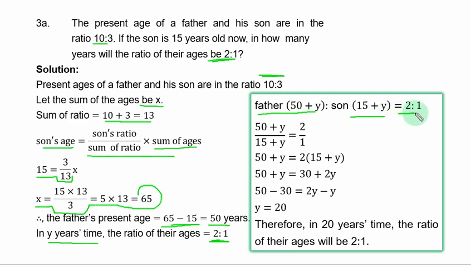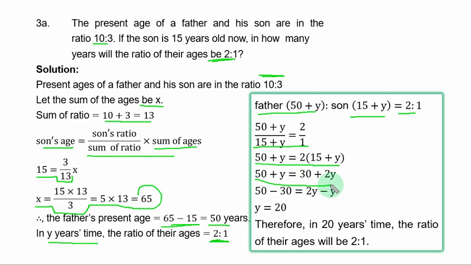2:1. You can express ratio in fractional form. You have this form. If you cross multiply to clear fractions, you have it in this form. If you open the bracket on the right hand side, you have this result.